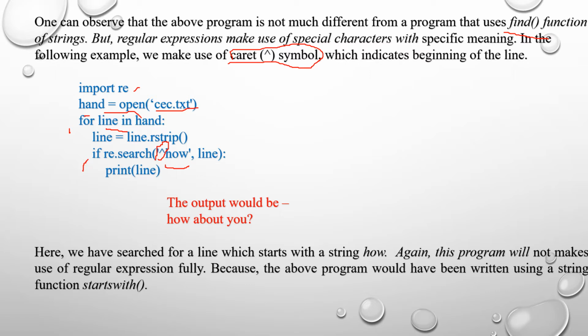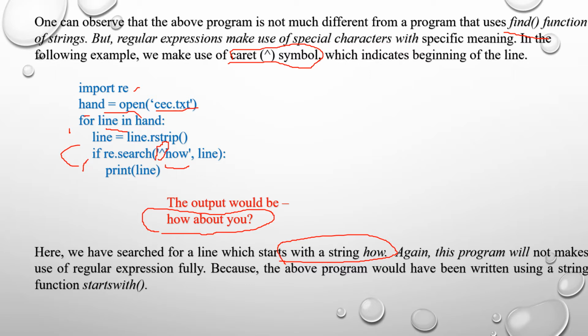If you print the line, the Python interpreter will print how about you. My file content has two lines, but here the interpreter will print only one line. Here we have searched for the line which starts with the string how.